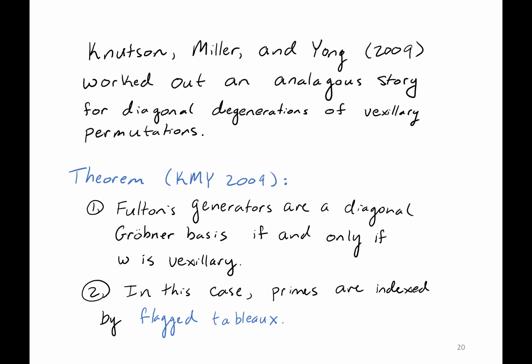There's a very lovely analogous story in this setting. First of all, they showed that Fulton's generators are only a Gröbner basis if you have a vexillary permutation. Outside of this, there weren't candidates for diagonal Gröbner bases. And in this case, primes are indexed by combinatorial objects called flagged tableaux associated to the vexillary permutations.